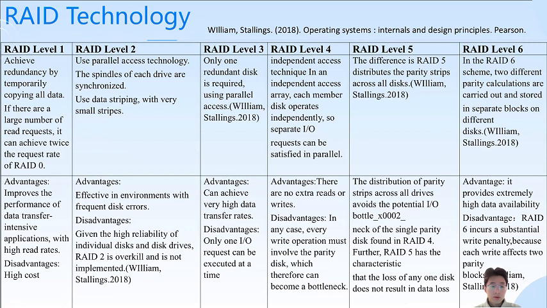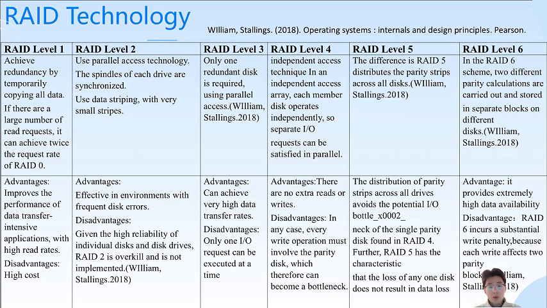In level two, it uses parallel access technology and data striping with very small strips. The advantage is that it is effective in environments with frequent disk errors. But the disadvantage is, given the higher reliability of individual disks and disk drives, it may be overkill and not implemented. So what about level three?